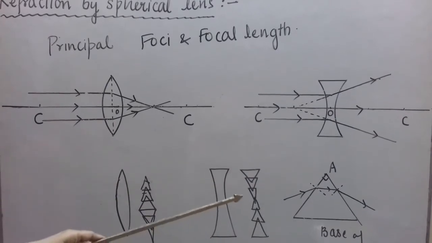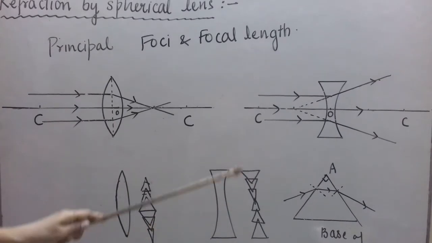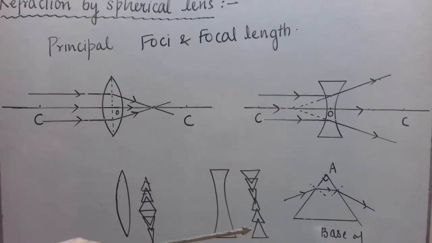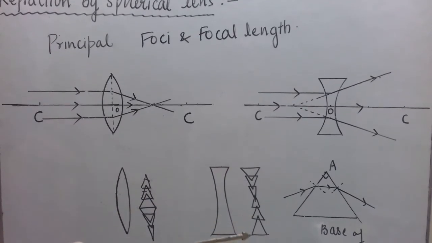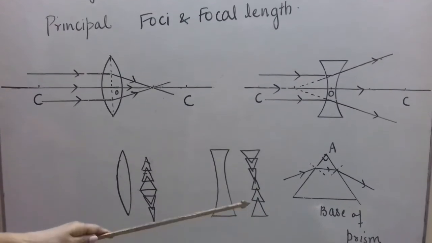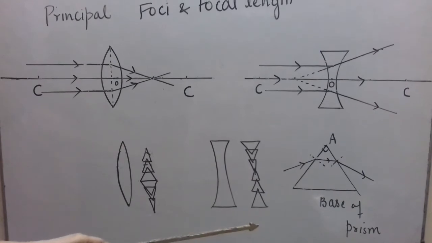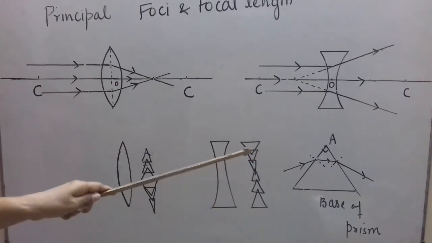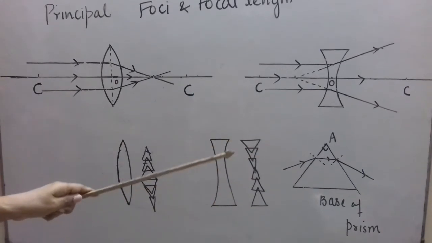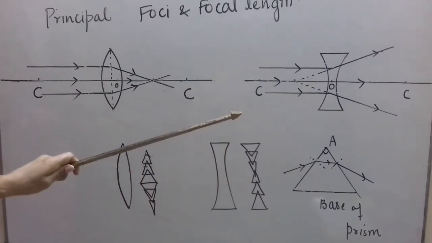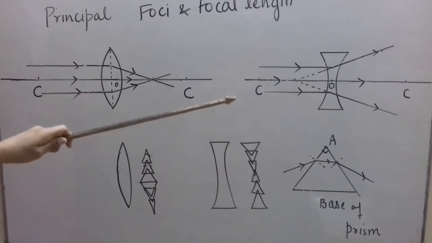So if we see this ray diagram, we know that angle A is angle of prism, and the side opposite to that is called as base of prism. Side opposite to the angle of prism is called as base of prism. If we look at both the refractions that take place through the prism, in the first case the refracted ray bends downwards, it means towards the base.